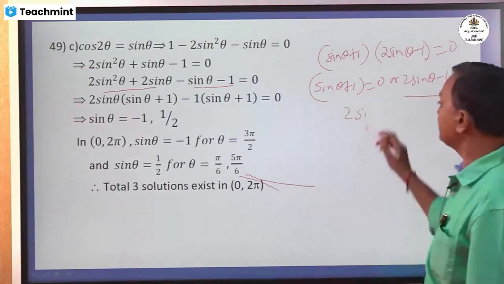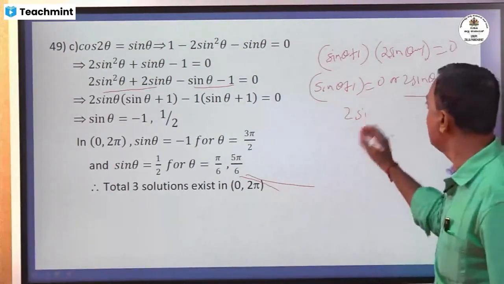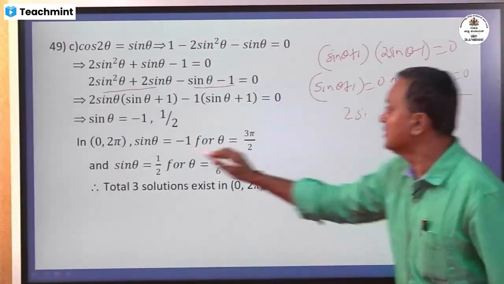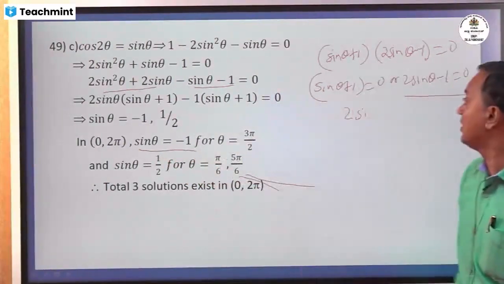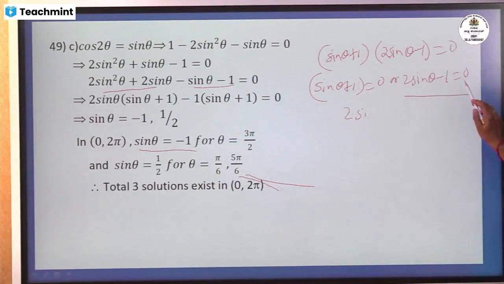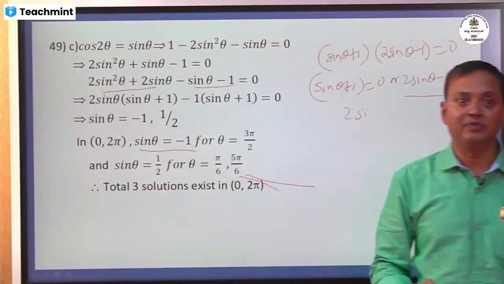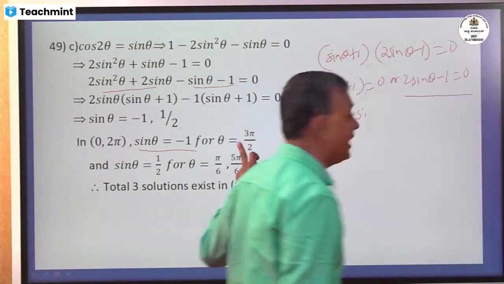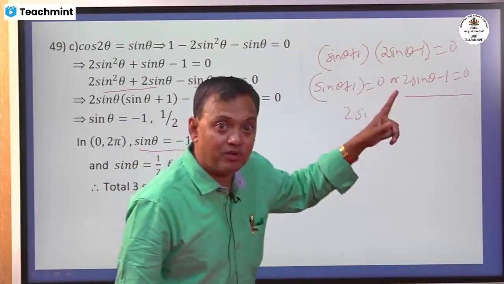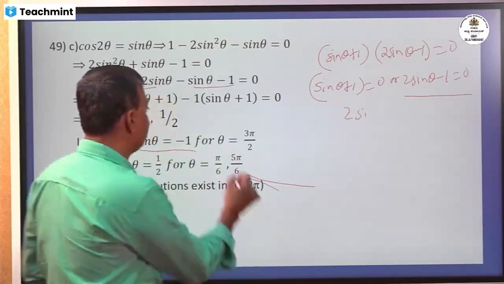So sin theta is equal to minus 1, or 2 sin theta minus 1 equal to 0, that is sin theta is equal to half. Sin theta equal to 1 does not arise here, this is a quadrant angle, correct? Sin pi by 2 is 1, sin 3 pi by 2 is minus 1.